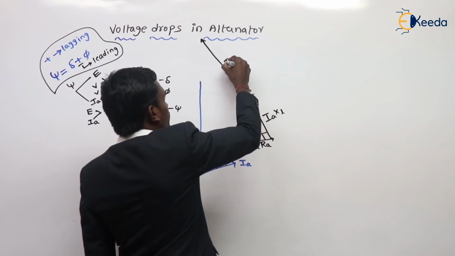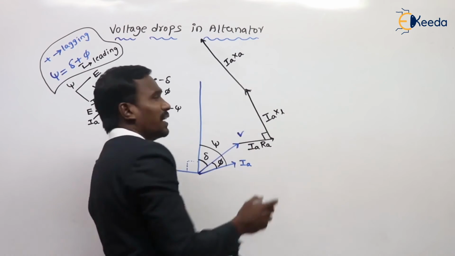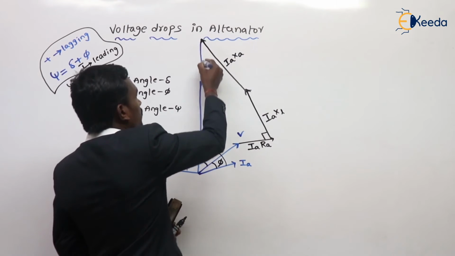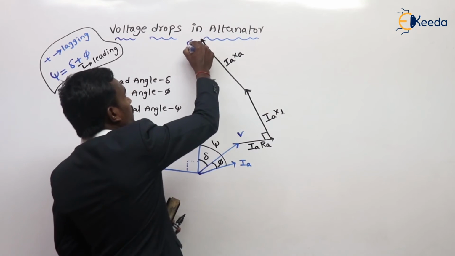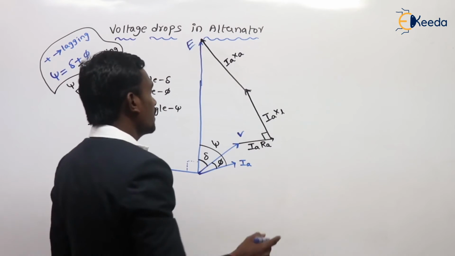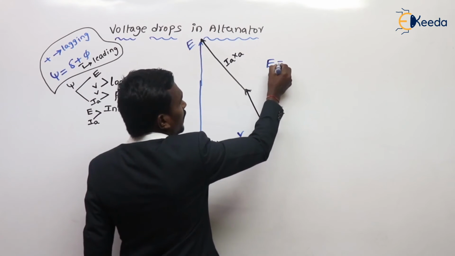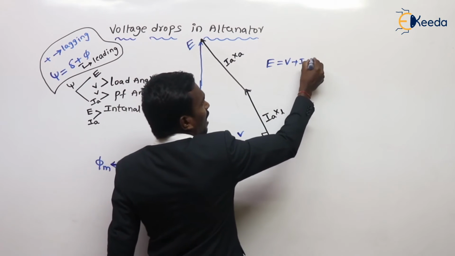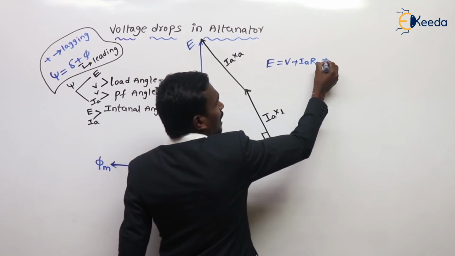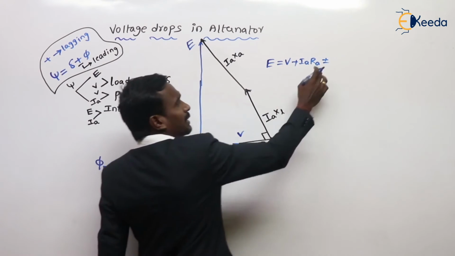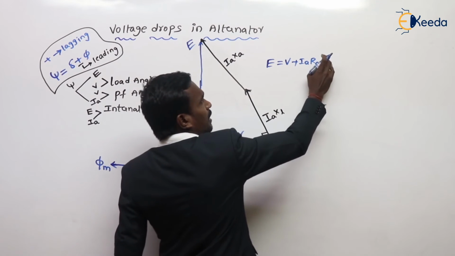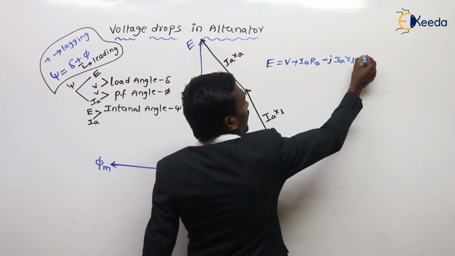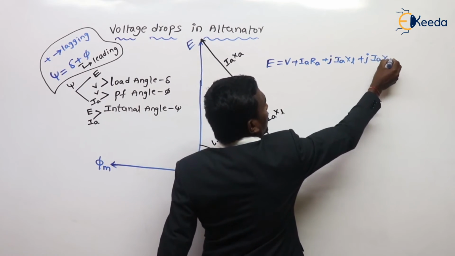This is IaXa, and this is our EMF E, because E is equal to V plus IaRa plus, or minus, or simply we are taking plus because it is a lagging load, plus j IaXL plus j IaXa.